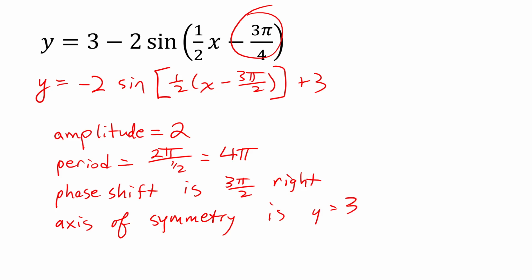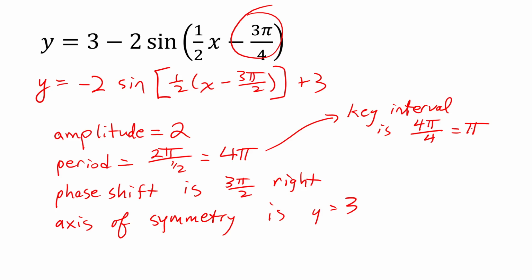Now, in our graphing questions, what we like to do is determine a key interval. It's not specifically asked for in the question, but for us, our key interval is going to be our period over 4. It's always period over 4. So in this case, that's going to be pi.